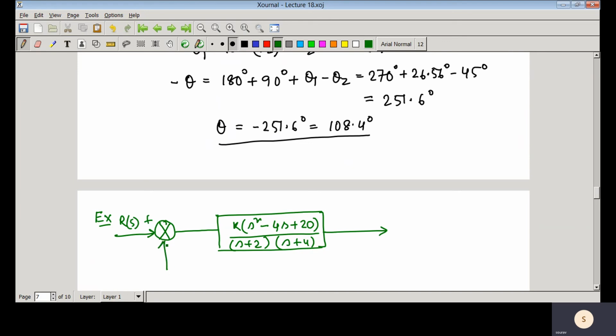You are asked to draw the root locus for this system, and here the open loop system is given, and the gain parameter is varying.